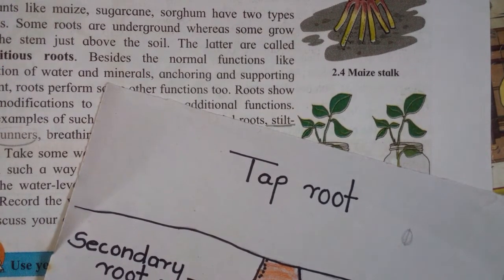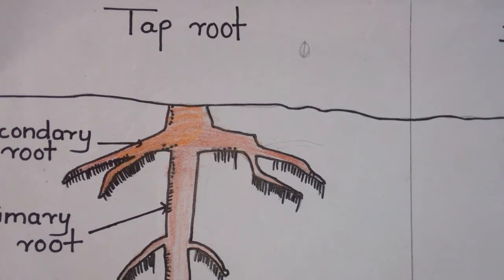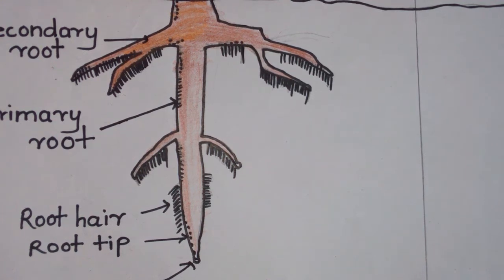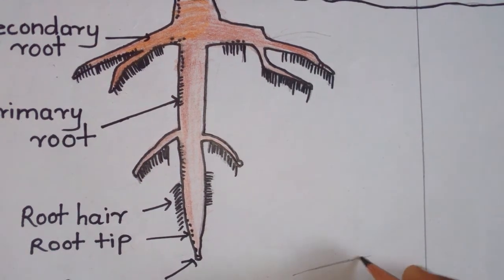That's why plants do not get air. Totally mud is there, and plants do not get proper air. In a place where there is more water and mud all around and plants grow, generally roots grow inside the soil.